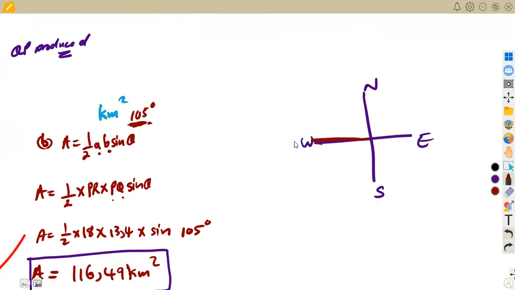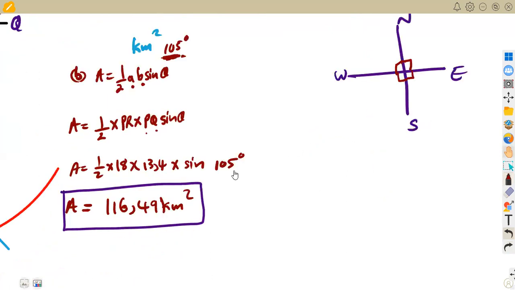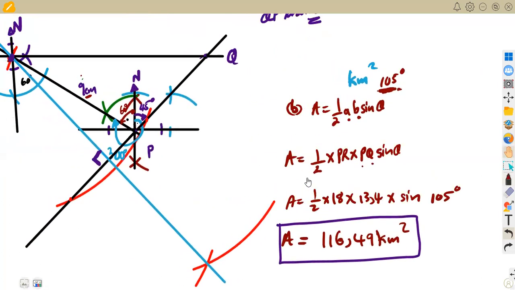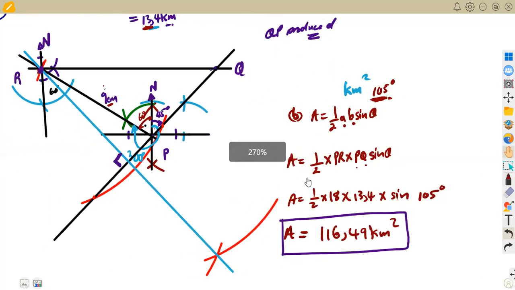Due west, straight to the west. If it is due north, that is straight going in the north line. Due east, we are extending in the east line. Knowing that these angles are separated by 90, 90, 90, 90 from each other, that is the idea that you also ought to understand when you are working out your questions.